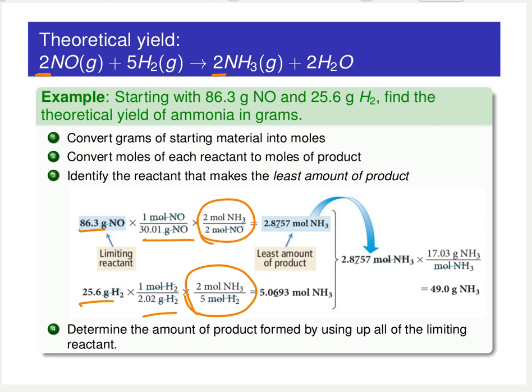Then we determine that it is in fact NO that makes the smallest amount of ammonia product, and therefore our limiting reactant is going to be NO. Multiplying the amount in moles of ammonia that we could form by fully reacting that NO by the molar mass gives us the grams of NH3 that we predict could form in theory, which is of course our theoretical yield.